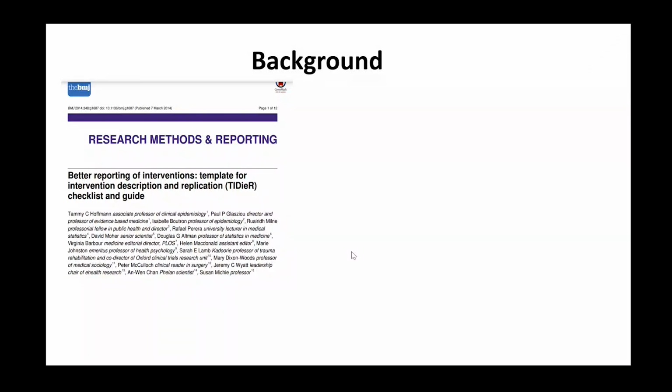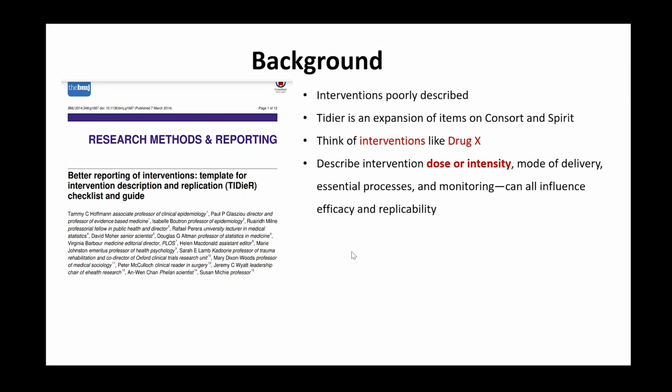There's starting to be a movement in reporting complex interventions, and this is related to describing our interventions to enhance replication. Now, this is the TIDieR checklist, and the TIDieR is an expansion of items on the CONSORT and SPIRIT statements, and it's a way of thinking about our interventions like drug X I showed you previously.